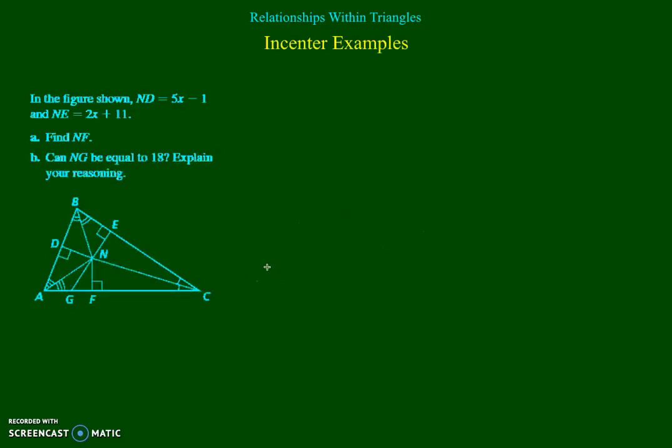Now before we try to solve anything with this problem, let's first analyze what we have here without regard to any of the text that's given to us. Let's see what we can figure out. Well, I can see that NC is cutting angle ECF into two equal pieces, and AN is cutting angle DAG into two equal pieces, and BN is cutting EBD into two equal pieces.